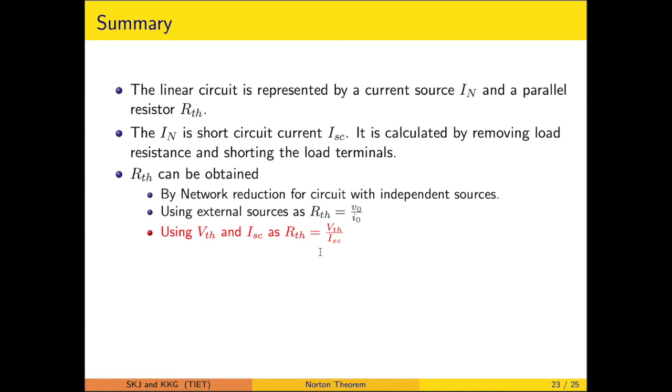So in this, we will not be disturbing the original linear circuit. Only the load terminals are first open circuited. We note down the VOC, then short circuit. So the short circuit current is measured or noted likewise, and therefore the Thevenin equivalent resistance is obtained.